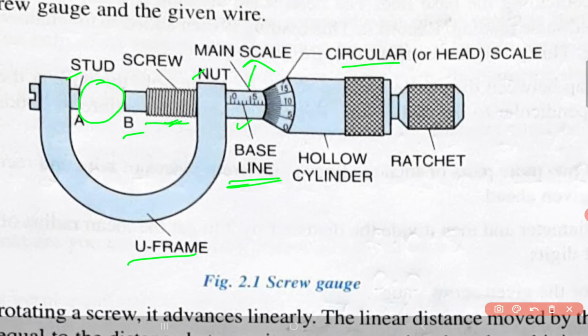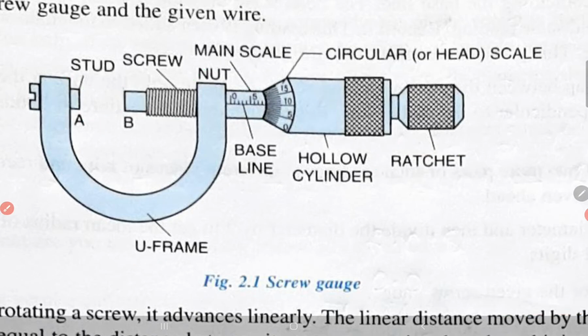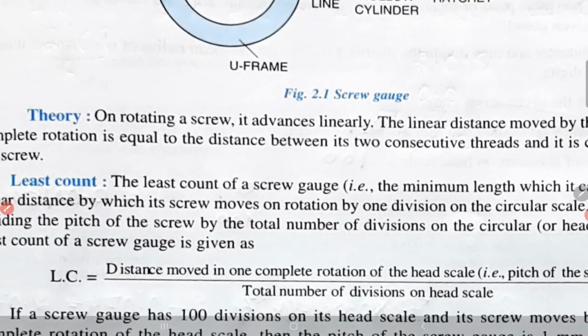And then we have this hollow cylinder in which the main scale is embedded, and by the motion of this hollow cylinder, clockwise or anti-clockwise, it can be moved in and out. Now, the last part, the ratchet, ensures the firm hold of the object between the studs once it is fixed.